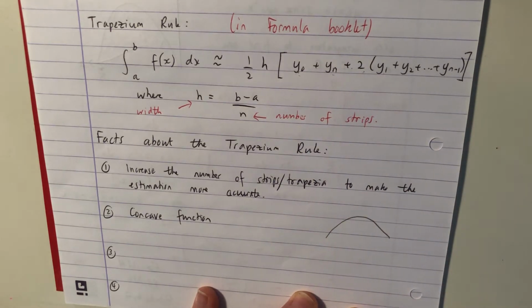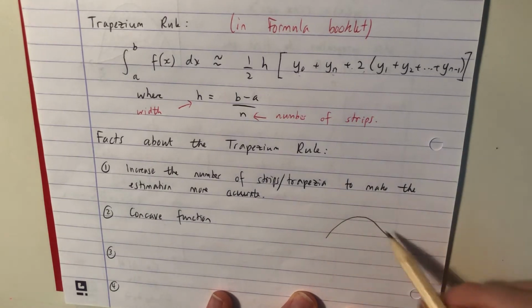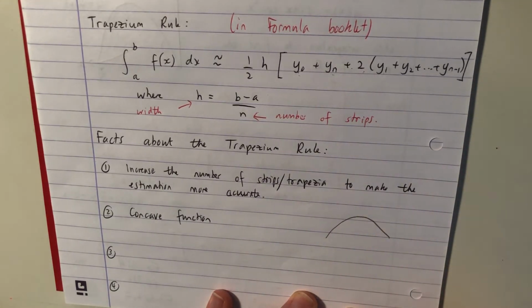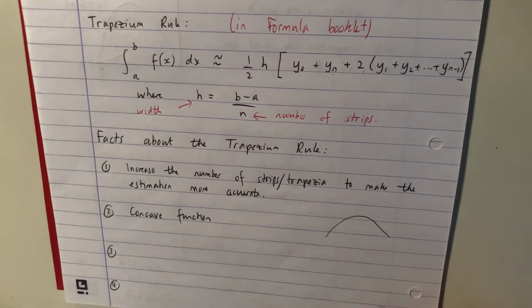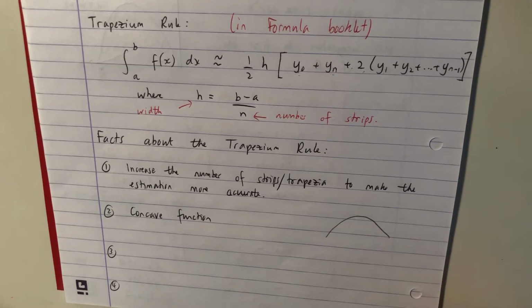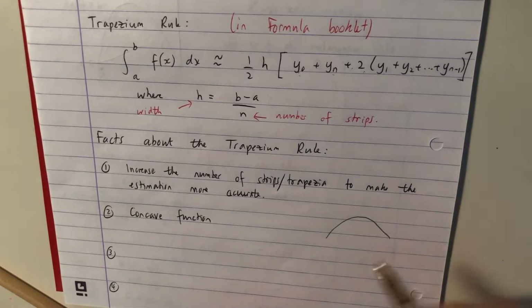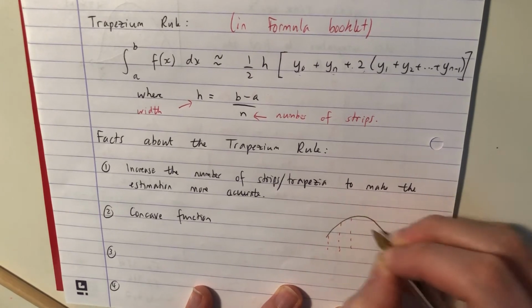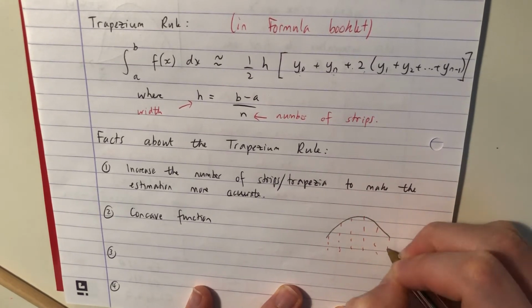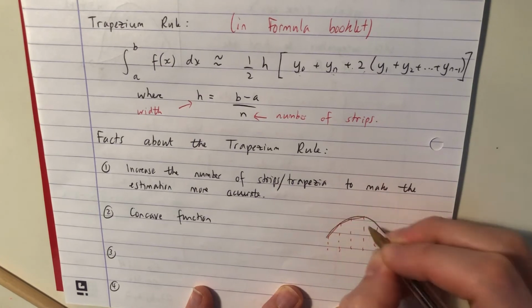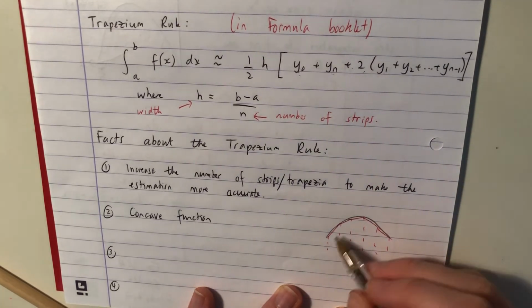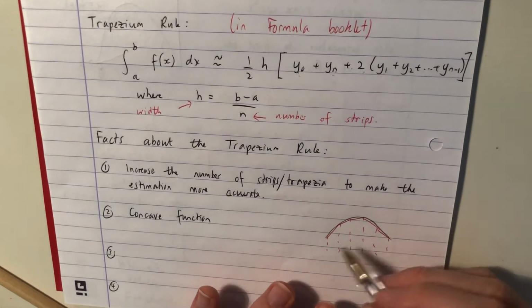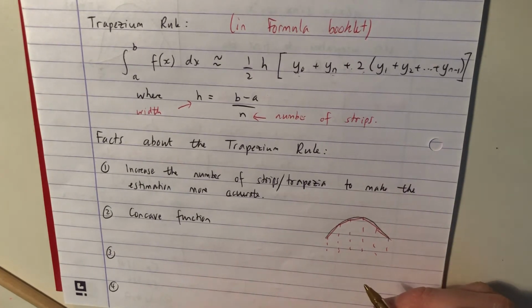If I had to use the trapezium rule on this type of curve, then I want to know if it's going to produce an overestimate or an underestimate. And if I just added some random strips like so, it might be easier for you to decide. Put the trapeziums in. Those trapeziums are all below this curve, so the area is going to be an underestimate.